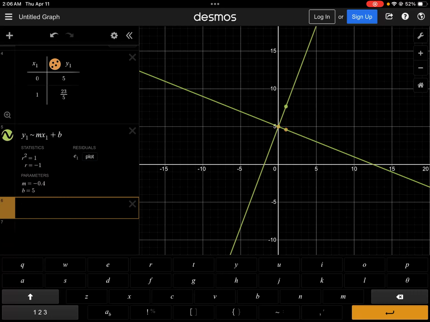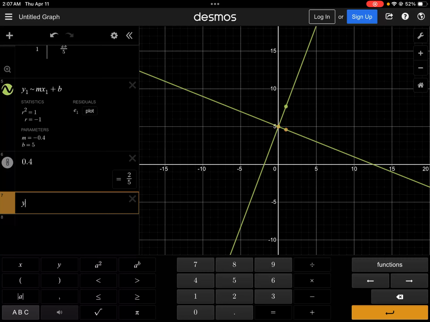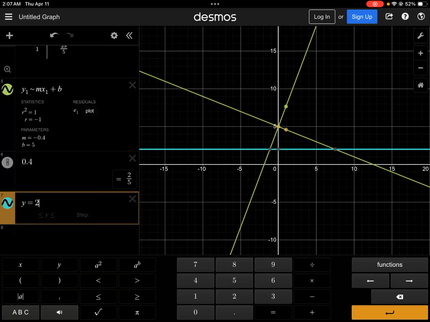So let's see what the slope intercept form is here. If I put everything together, I get that y equals 2 over 5 x plus 5.